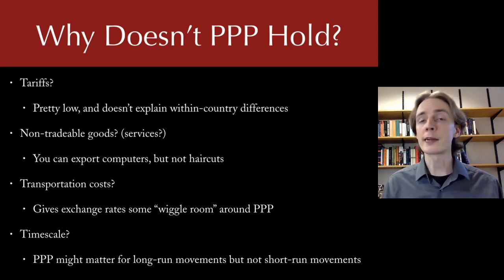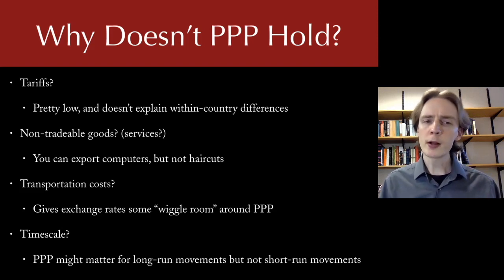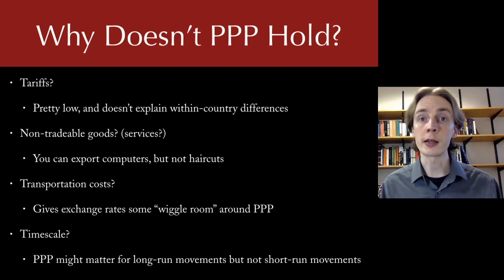Maybe it just takes time for this arbitrage to happen. And there's some good evidence of this. Over the course of years or even decades, purchasing power parity seems to predict motion in exchange rates pretty well. What do you do on a day-to-day or month-to-month basis? Well, that's going to be maybe a different question.